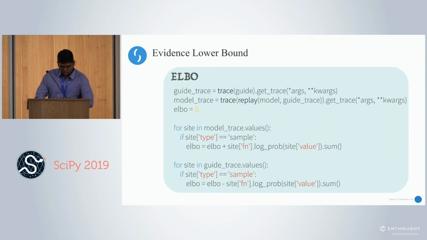Right. This is an implementation of the evidence lower bound using our handlers. We have already defined our guide and model. We run a trace on our guide, and we run a replay on our model based on the guide trace, and then we get a trace out of that.